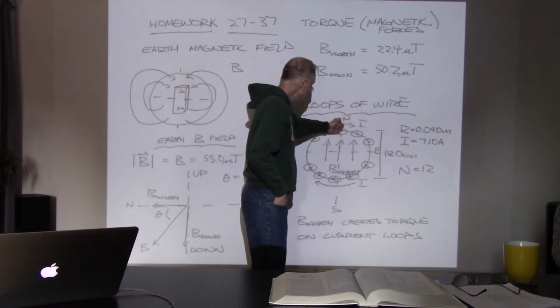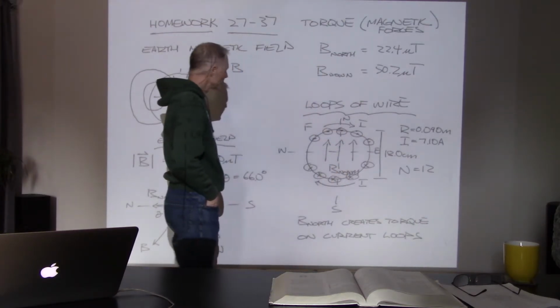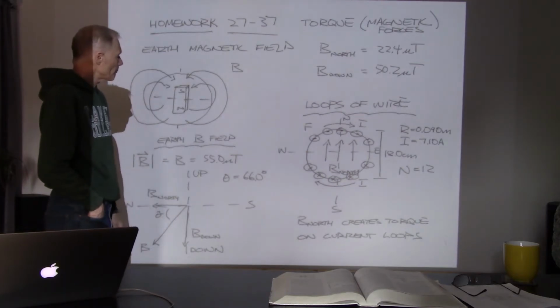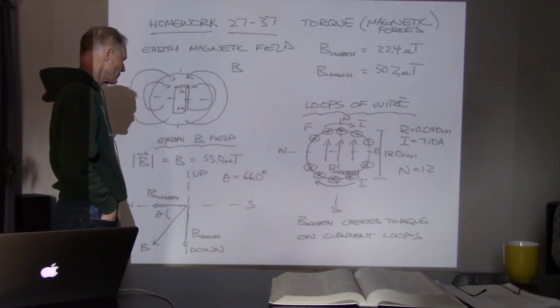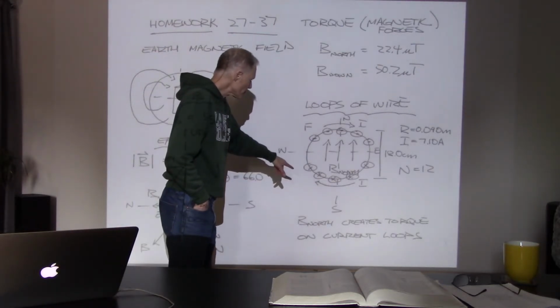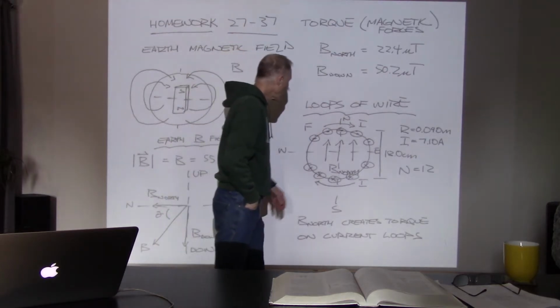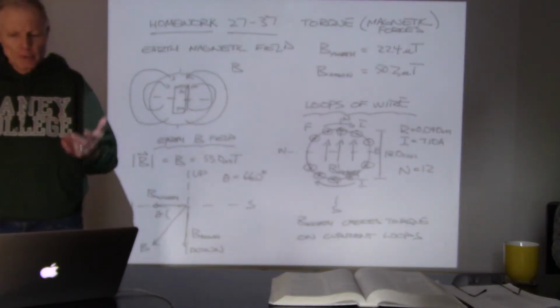Now this part's being lifted up, and this part's being pushed down into the earth. It's going to push against the ground, it's not going to push itself into the earth. But so the north component is creating a torque on these loops of current.